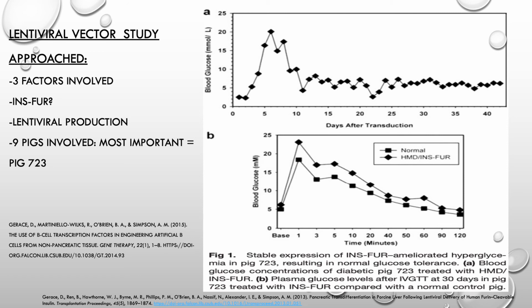It shows 2 different lines, with the squares or the diamonds showing the normal, and then the HMD, furin cleavable human insulin. I don't know why they did that twice, but that's how it is. But this graph shows that there's a decrease in the blood glucose level within the amount of time that pig 723 had the injection of the lentiviral vector.